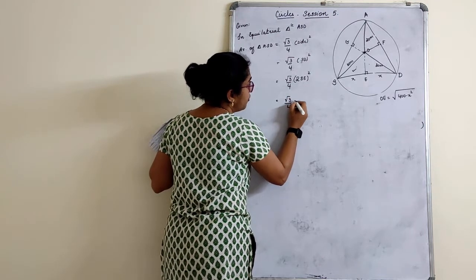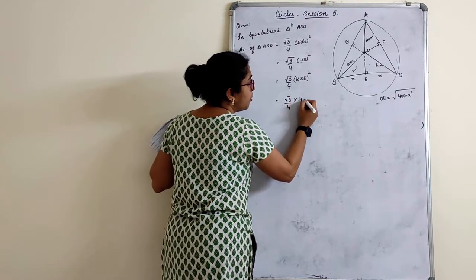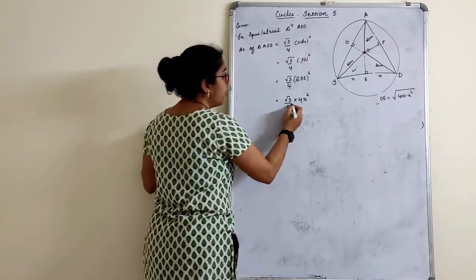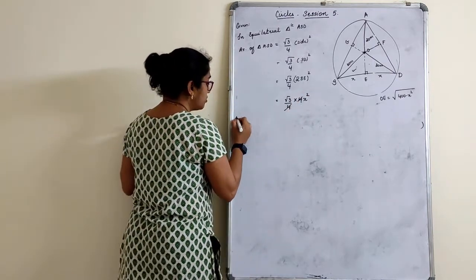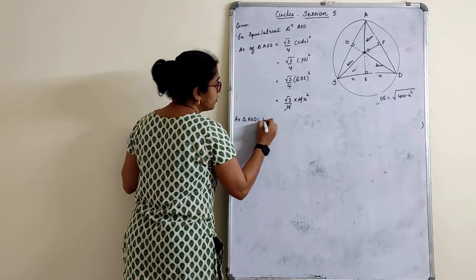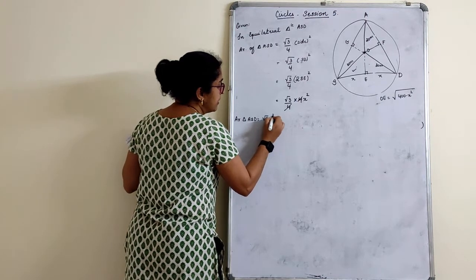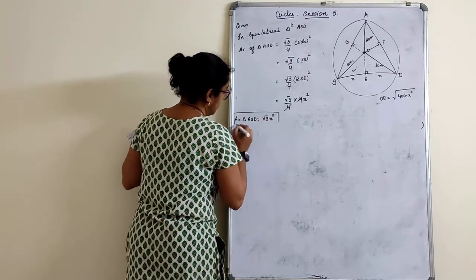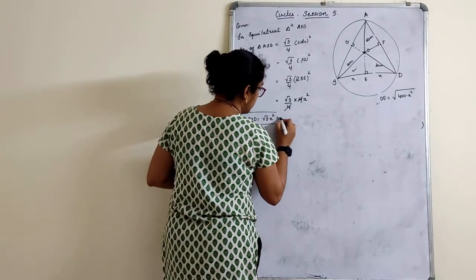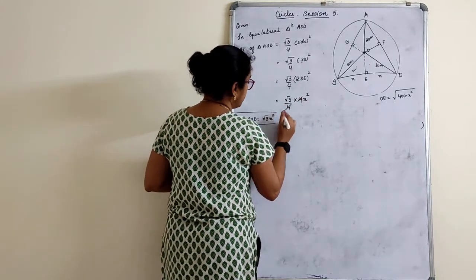Root 3 by 4 into 4 of x square. Correct? SE is nothing but x. 4 and 4 will get cancelled. So area of triangle ASD is equal to root 3 x square. Keep this much as it is. Meter square, yeah.